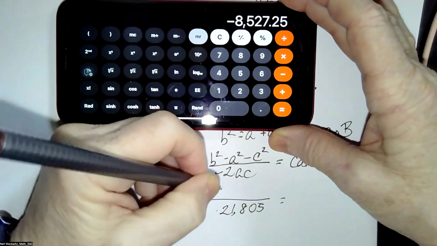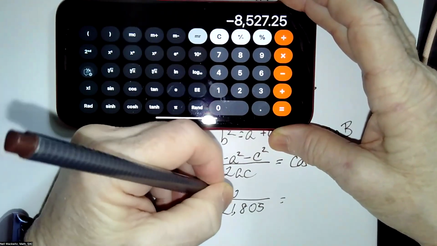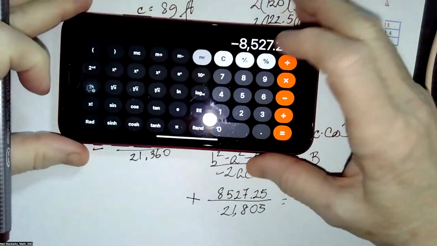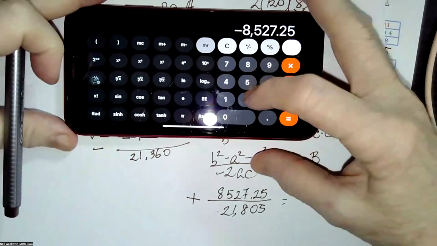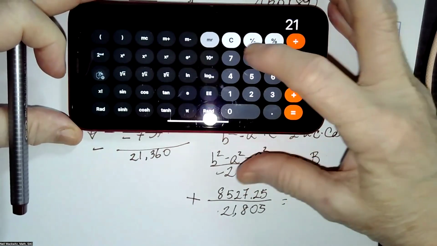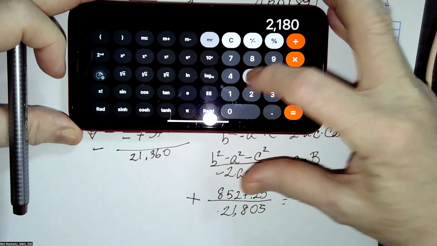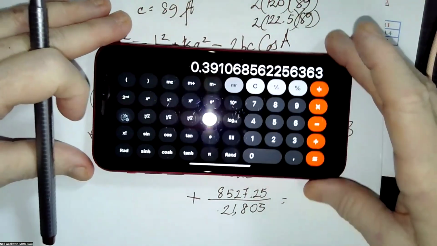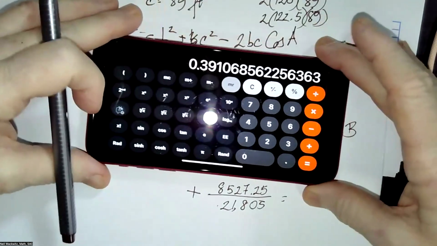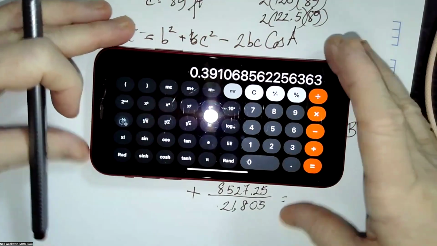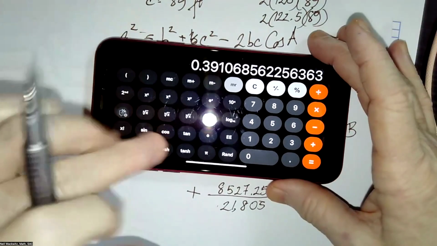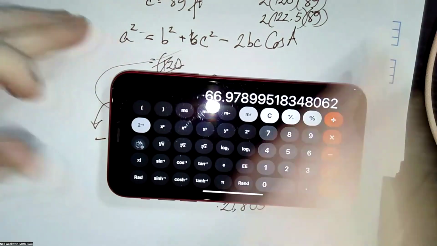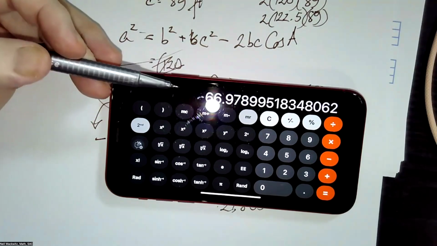So this is going to be 8,527.25 and divide by 21,805. We get that the cosine of angle B is 0.3901, blah, blah, blah. Inverse cosine. We get that B is approximately, I'm going to call it 67 degrees.